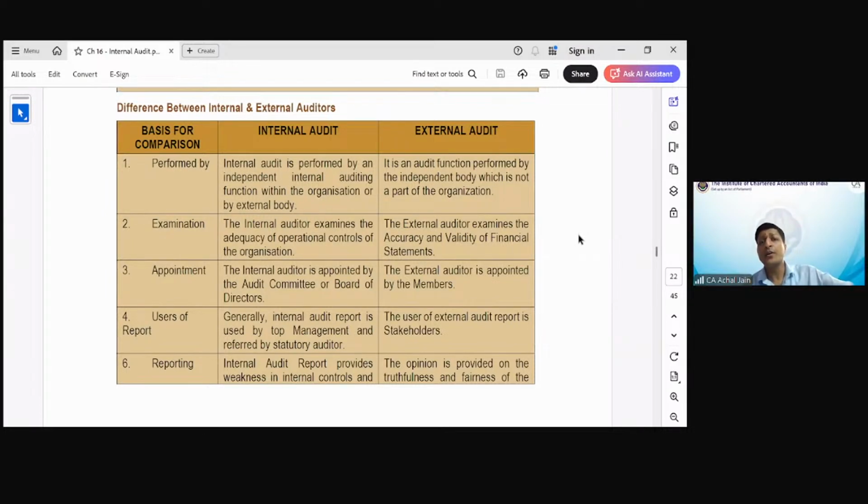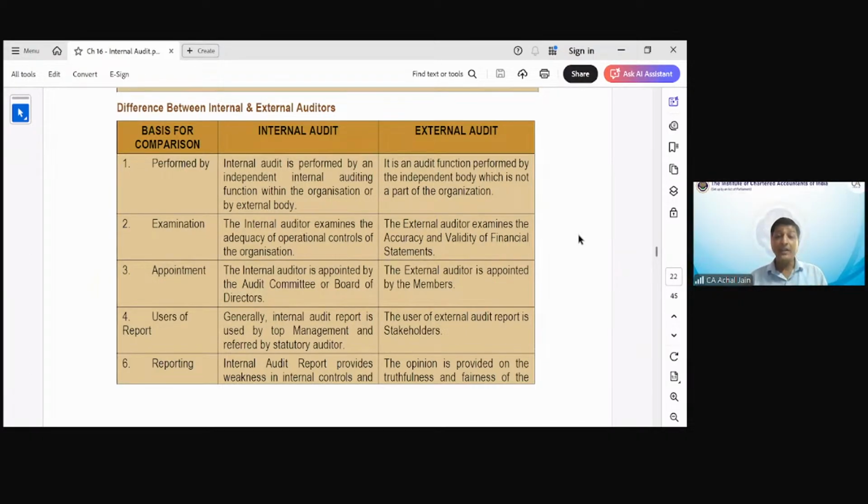Because he may also want the management or the internal auditor to focus on some areas which may have some implications as far as financial statements are concerned. So that's why these two persons need to have a good interaction amongst each other. That's how internal auditor can support the external auditor, means the statutory.